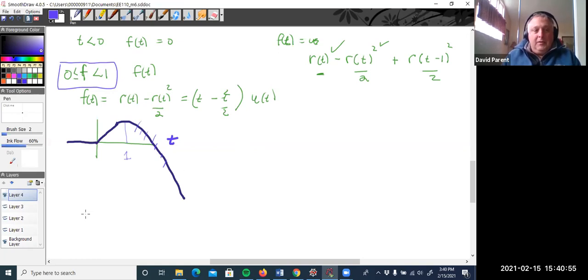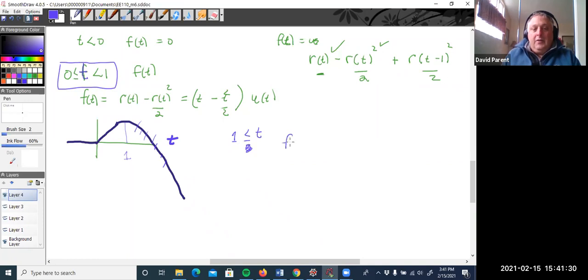So what about, I'm just going to draw it over here, what about when t is greater than or equal to 1? The t is still active. Minus t squared over 2 is still active. And then this is becoming active now. So now everything is active.